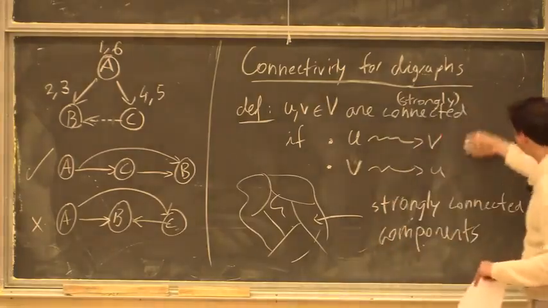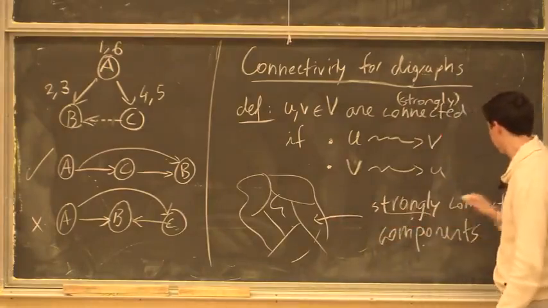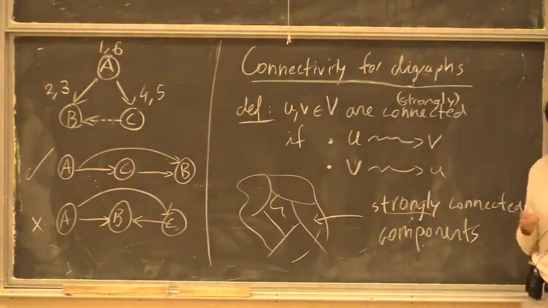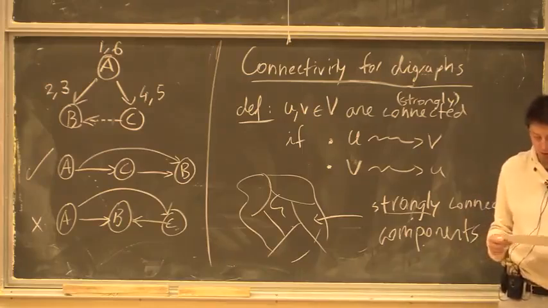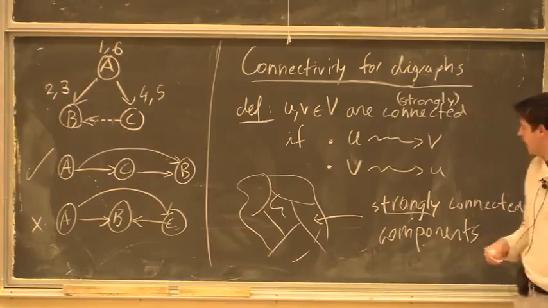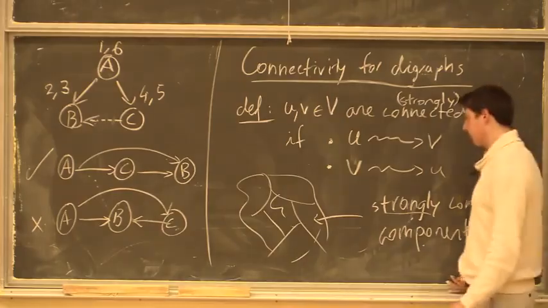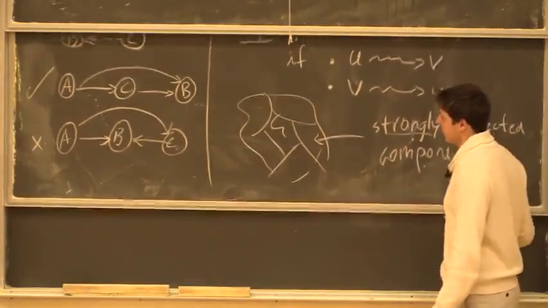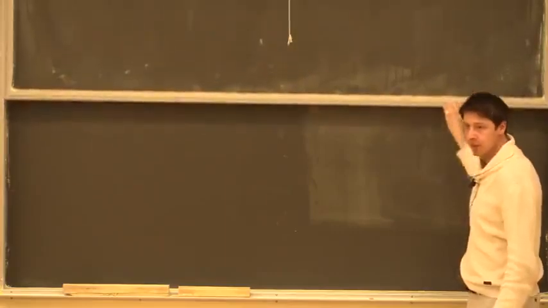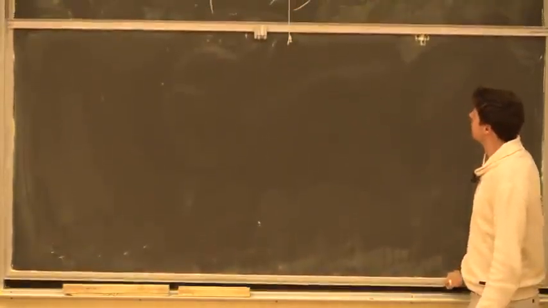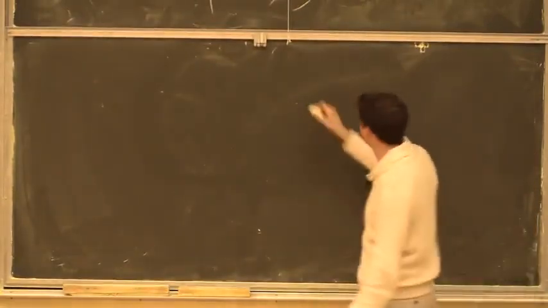So this equivalence relation partitions the vertex set into strongly connected components. Now, our task is to find these, okay? We're just asking the analogous question as last time. In order to find them, we will exploit a very beautiful structure between strongly connected components that has to do with DAGs, okay?